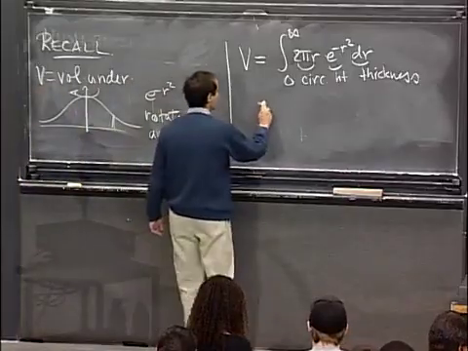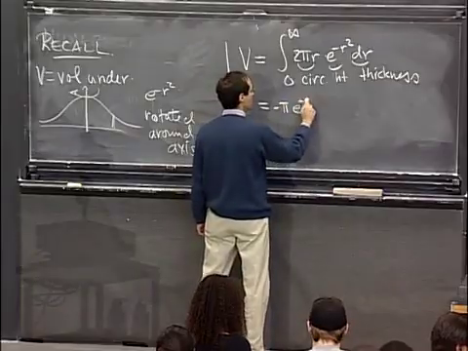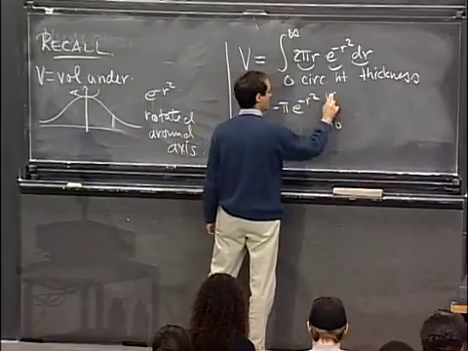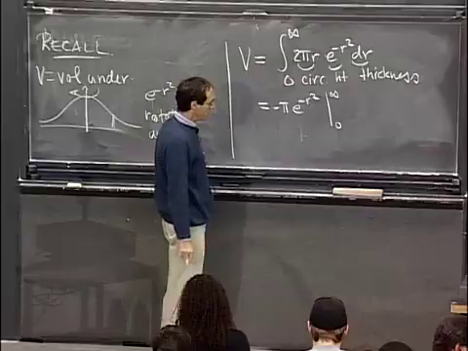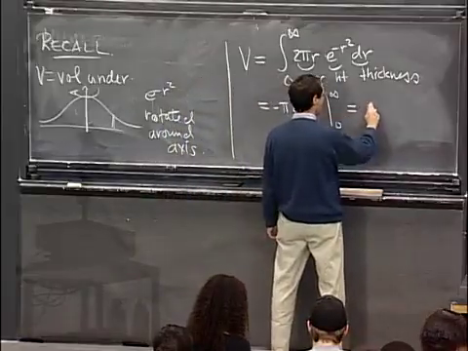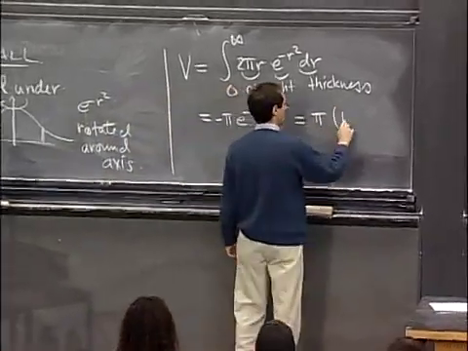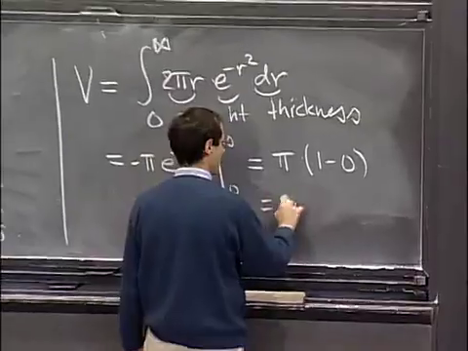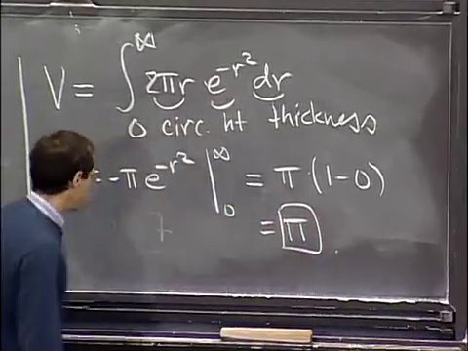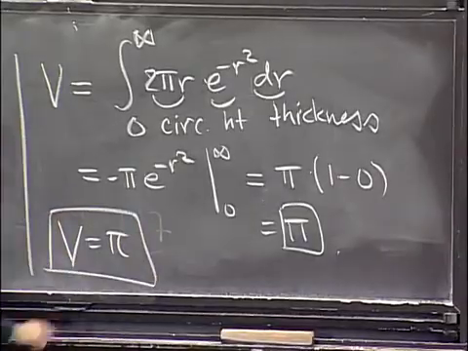And then this antiderivative is pi minus pi e to the minus r squared, evaluated at 0 and infinity. And we worked this out last time. This is pi times 1 minus 0, which is pi. All right, so the conclusion is that V is equal to pi. We already know that.